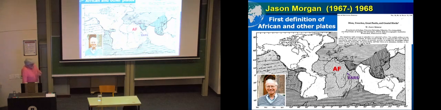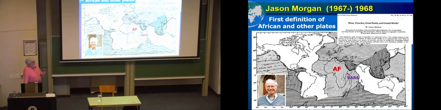So the person that is really responsible for this is this person here, the author of this paper. Title is Rises, Trenches, Great Faults and Crustal Blocks, and that's his key figure in that paper. And this is the first definition of the extent of major tectonic plates on the Earth's surface. So this is Jason Morgan, and he's generally credited.